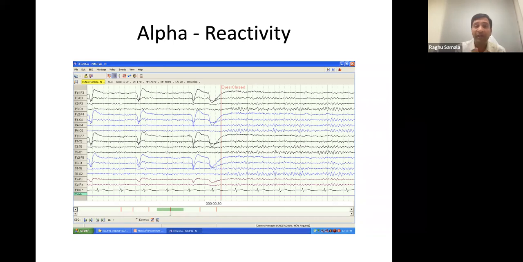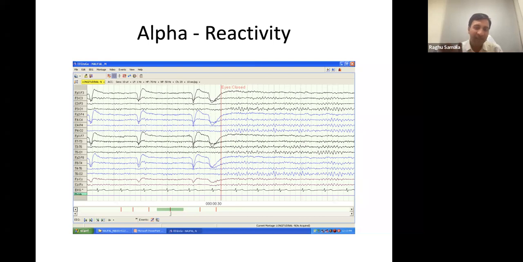So when we are reading the EEG, what we have to see is that you are recording the electrical activity from the brain, and you have to see the reactivity of that electrical activity. Then only it is meaningful. So for that, we see eyes closed and eyes open. If there are waveforms when the eyes are closed, and they disappear when you open the eyes, it means your brain is reactive.